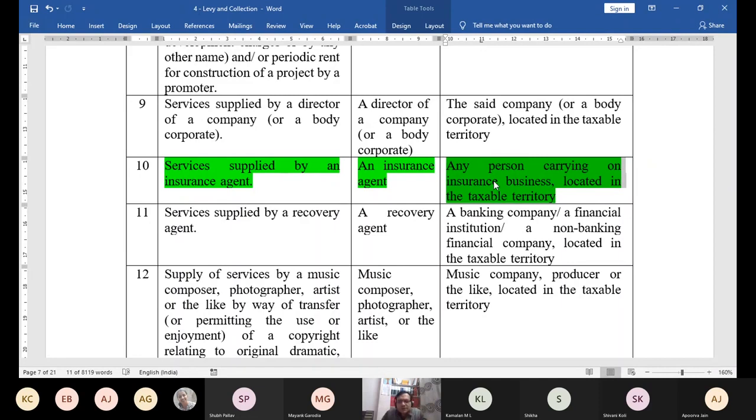This is what the government says. This is easy for the insurance company as well as for the agents, and it is good for the government also, that the entire revenue can be collected from one insurance company rather than asking for that tax from different individuals.